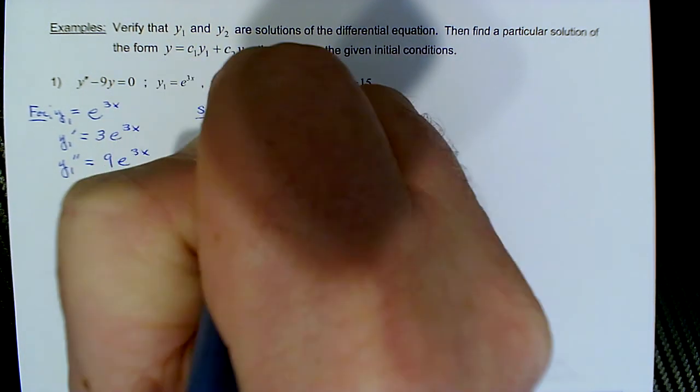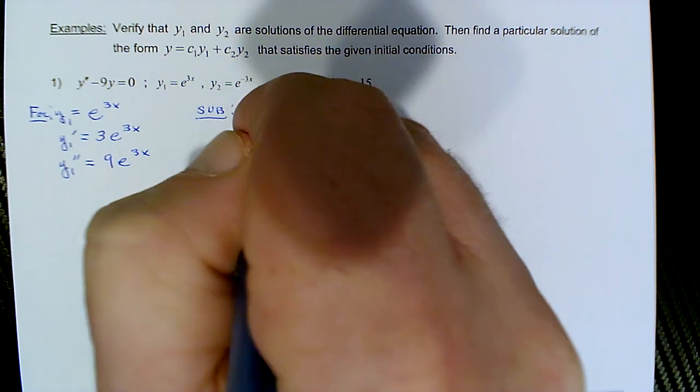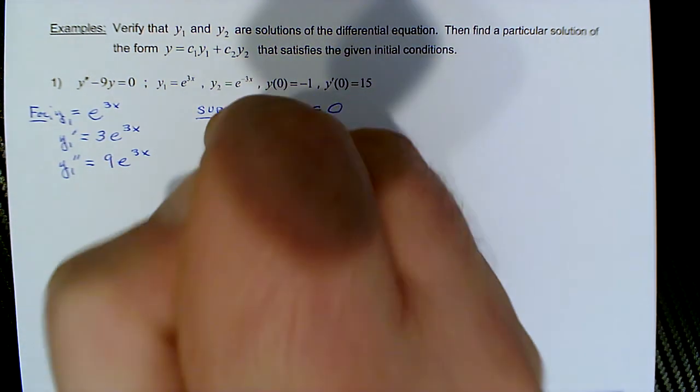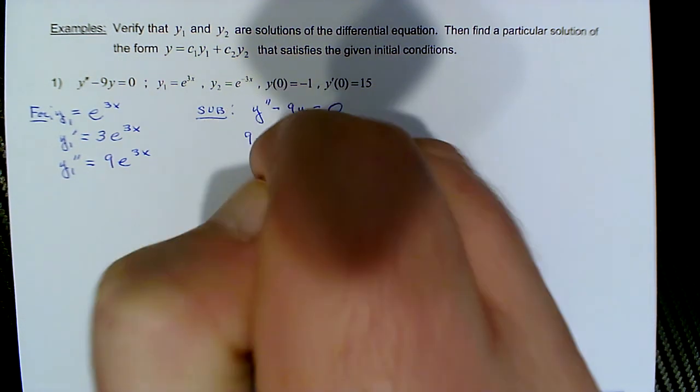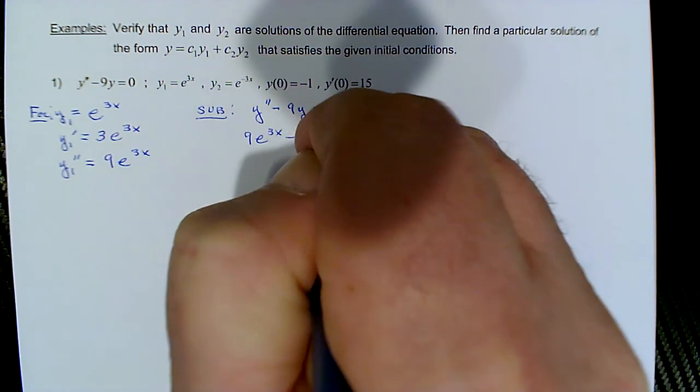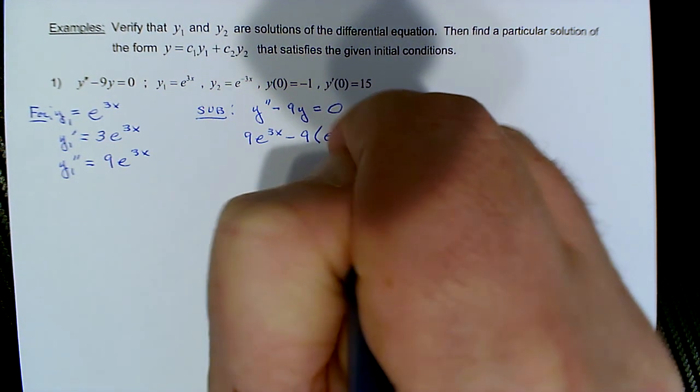Alright, so to verify, we're going to substitute. If you want, recopy the equation. Note that it's homogeneous, second order, linear: y double prime, 9e to the 3x, minus 9 times y, which is e to the 3x.